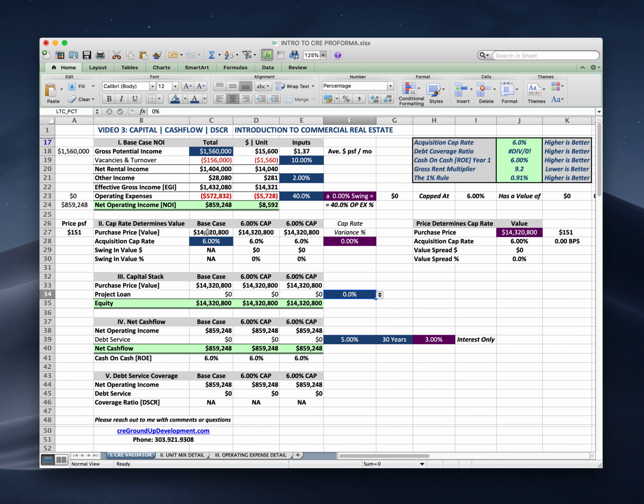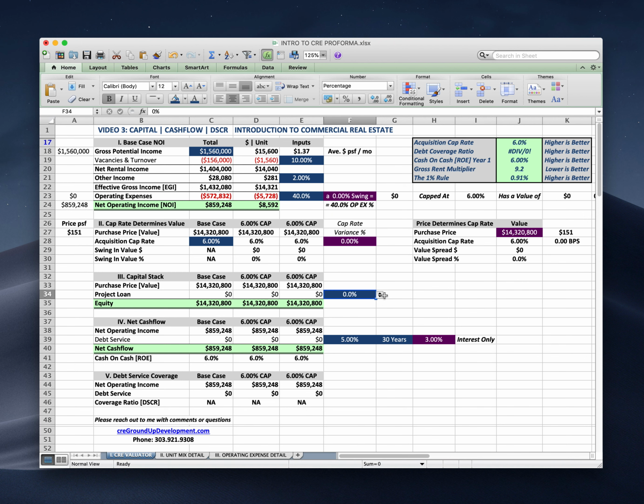We talked about in video number 2 how the acquisition cap rate was the cash-on-cash return unlevered for the project. And the project cost $14.3 million. And if there's no debt on it, there is sort of a reverse check on the fact that one equals the other, an unlevered cash flow.